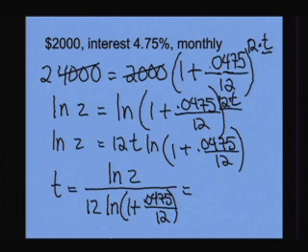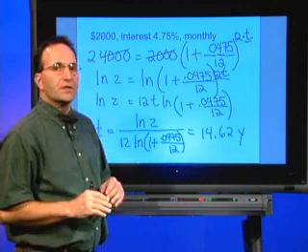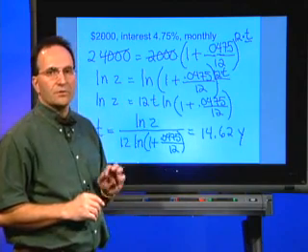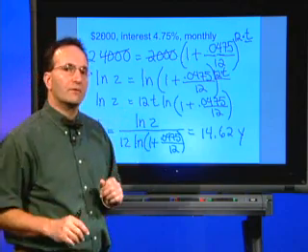And of course, plug that into your calculator, and that works out to 14.62 years. Okay, so it takes a little over 14 and a half years to double that $2,000 with the interest rate of 4.75% when it's compounded monthly.